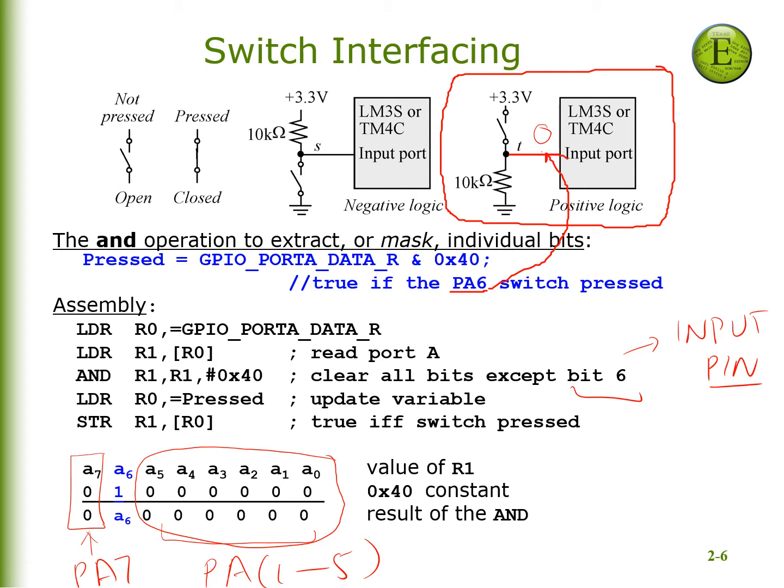How to do this? Well, for this step we need to perform an AND operation, right? So this AND operation is applied to register R1, which contains the value of GPIO port A data underscore R. So that value is being read into register R1, and then we take the AND operation.